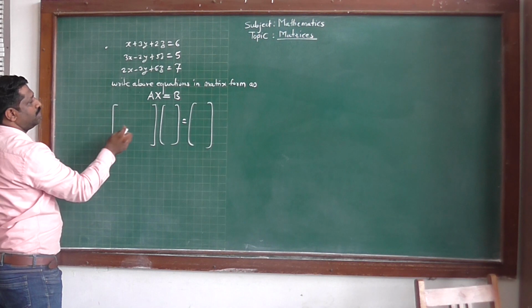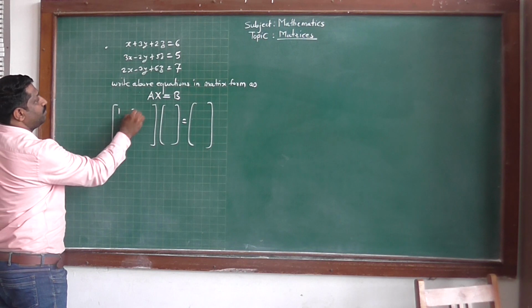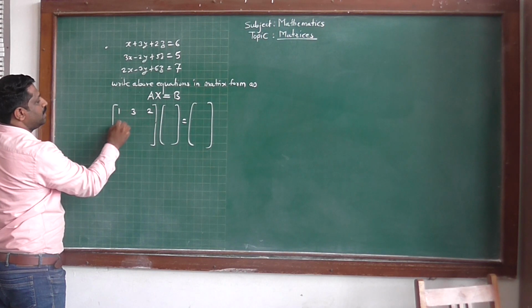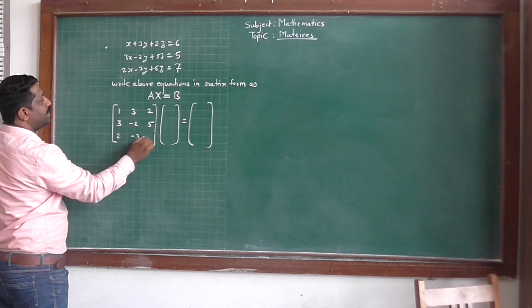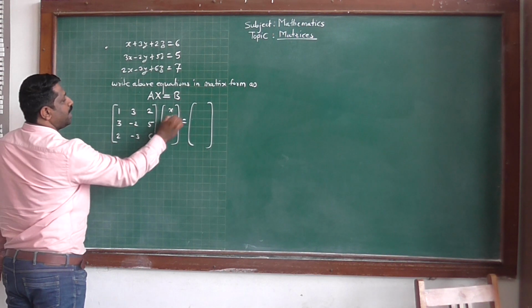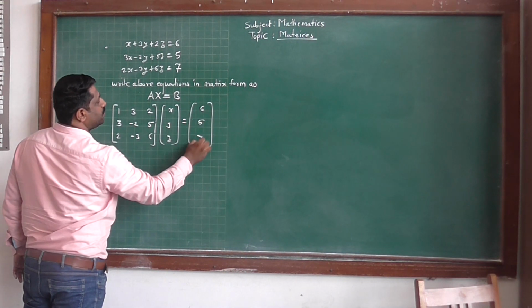Now we write the coefficients of variables, that is 1, 3, 2, 3, minus 2, 5, 2, minus 3, 6, then x, y, z, and 6, 5, 7.